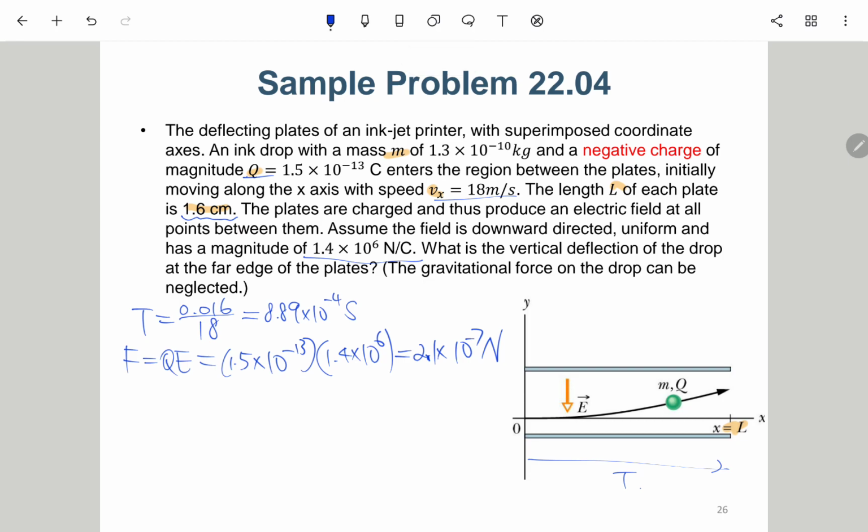Okay, when we would like to calculate the y-axis displacement, y equals 1/2 at squared, according to high school physics.